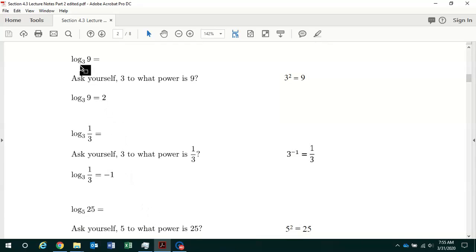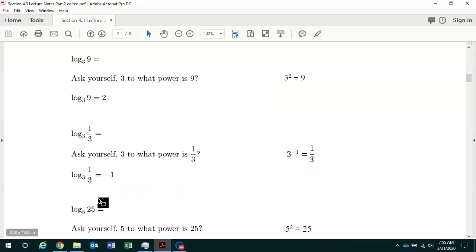What's log base 3 of 9 equal to? Well, 3 squared is equal to 9. So log base 3 of 9 has to equal 2, right? 3 squared is equal to 9. What's log base 3 of 1/3 equal to? Well, we know that 3 to the minus 1 power is equal to 1/3.